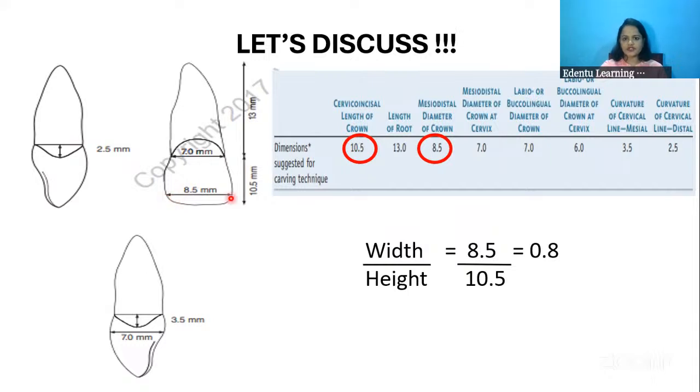Their mesiodistal diameter is 8.5, and this is the cervico-incisal length of the crown. The width to height ratio they were asking is 8.5 by 10.5, which is 0.8. Rarely, such numerical and calculation-based questions can also be asked from dental anatomy if they want to really make it tough.